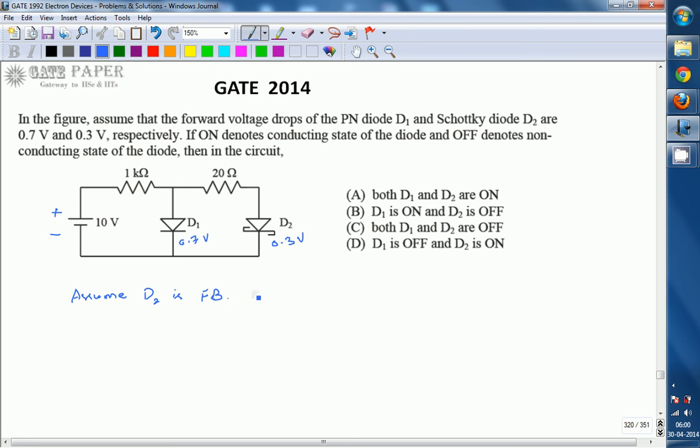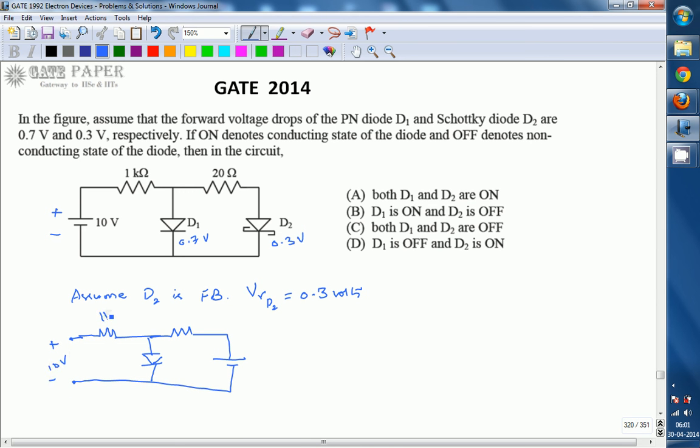Whenever D2 is forward biased, it maintains its cut-in voltage, V gamma of D2 equal to 0.3 volts. So now the circuit looks like this: a resistor followed by an ordinary diode, and afterwards one more resistor with 0.3 volts, where you are applying 10 volts.